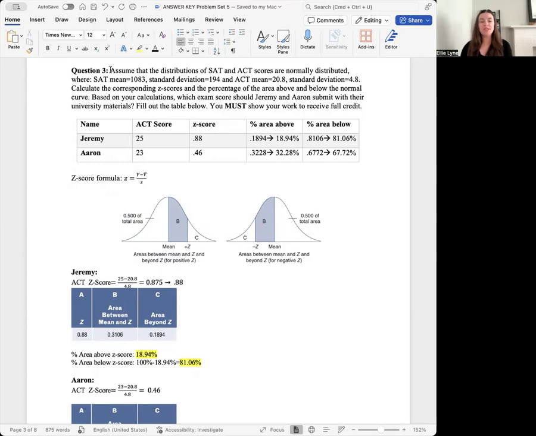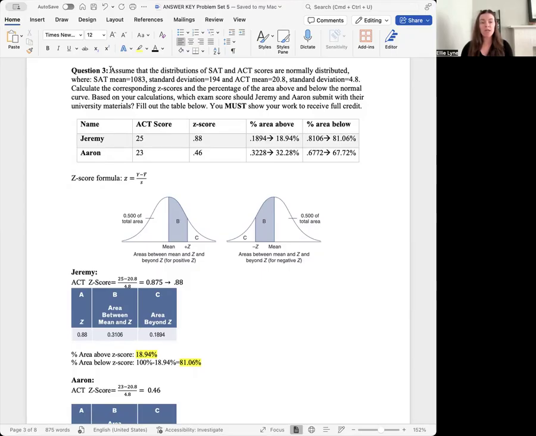Assume that the distributions of SAT and ACT scores are normally distributed, where the SAT mean equals 1,083 with a standard deviation of 194 and an ACT mean of 20.8 with a standard deviation of 4.8.